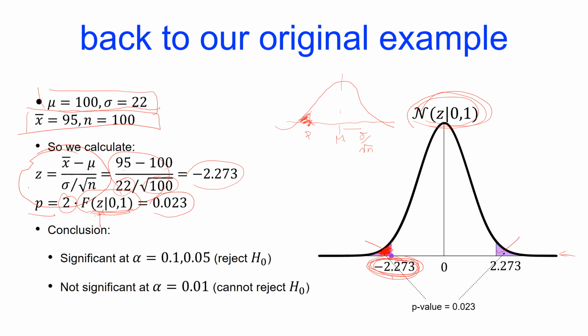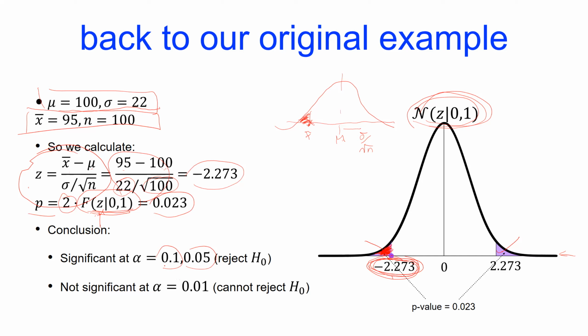Then you will make your conclusion at different significance levels. For example, I can vary my alpha to be 0.1 or 0.05, and you can pick different values depending on your application scenario.